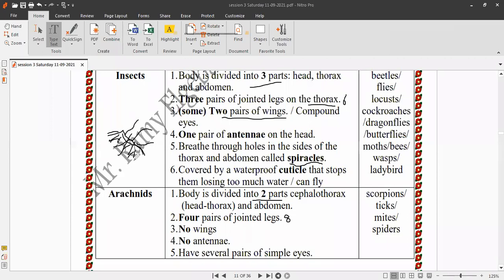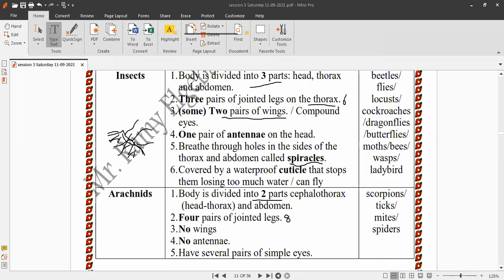Insects are covered by a waterproof cuticle that stops them losing too much water, and they can also fly. Again, the features of insects: body is divided into 3 parts: head, thorax, and abdomen. 3 pairs of jointed legs.